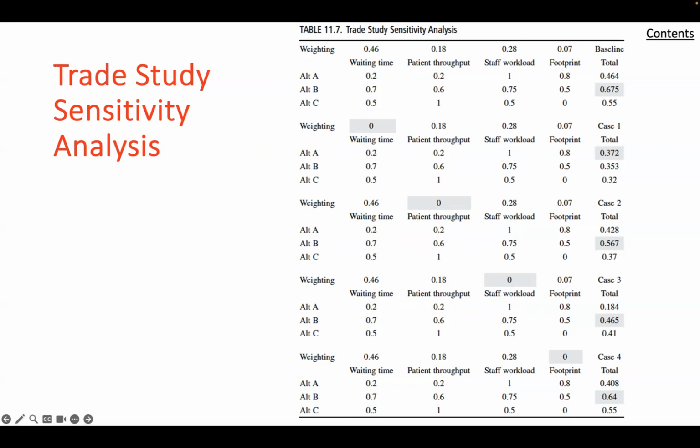In sensitivity analysis, we find that when zeroing out the waiting time weight, alternative A is now the winner. Why does this happen? We can look at the utility function to see that alternative B had a very short wait time and thus scored very well in that category. So we can start to do some comparisons and think a little bit more deeply about the kind of results that we come up with.